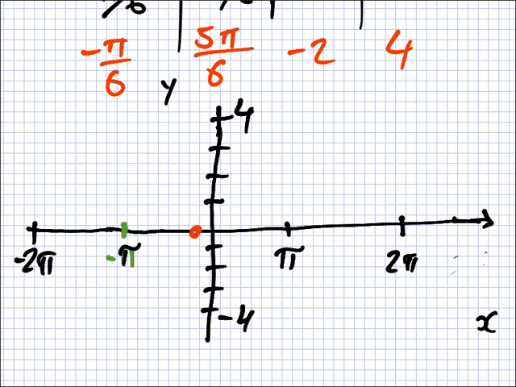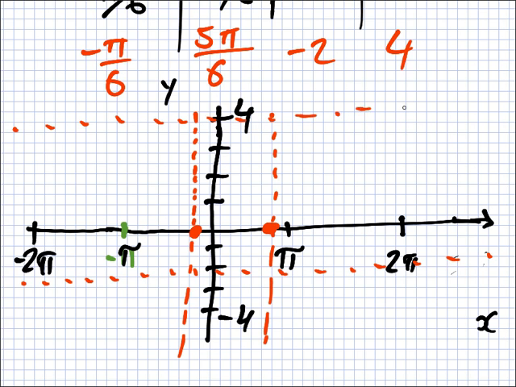And then 5 pi over 6. That would be here, just 1/6 of pi from the left. Let's do our dotted lines. And then -2, and then 4. Now we have to copy and paste.